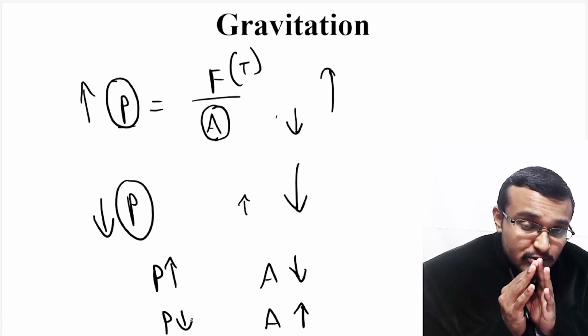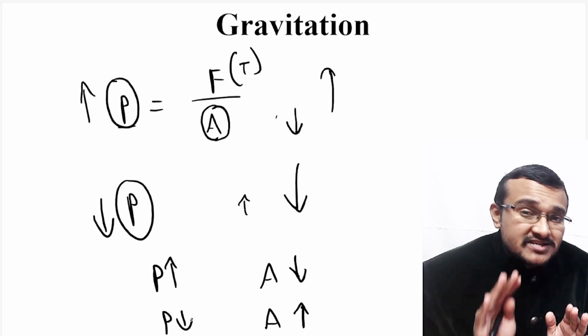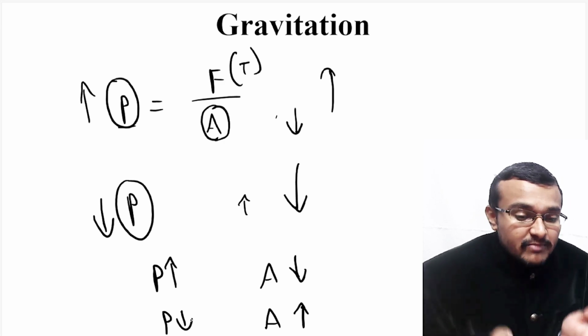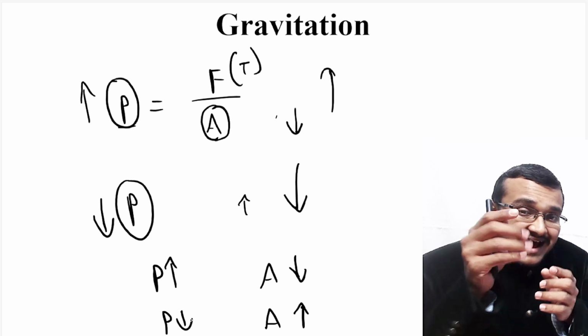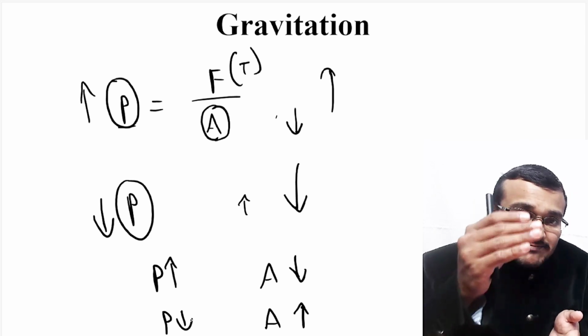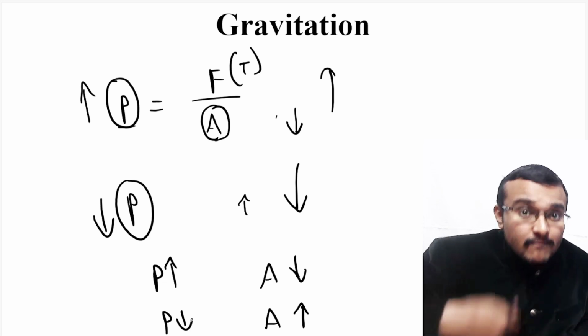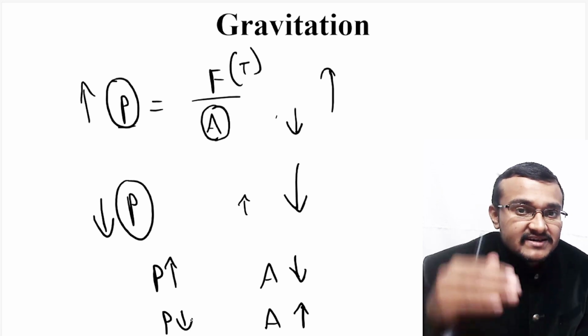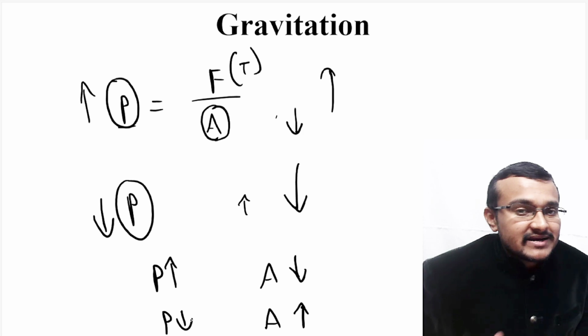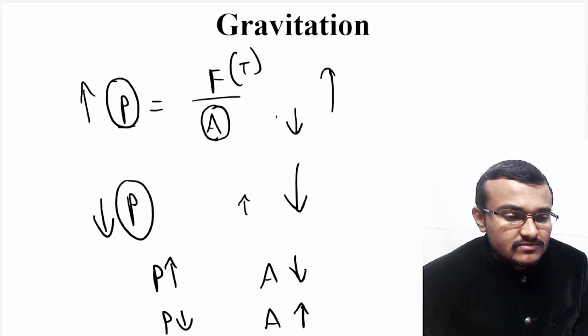Hence, if you put the same amount of force, pressure is not that much. But in the second case, the tip of the nail had less area, so the same amount of force gave more pressure. That's why that nail could easily penetrate the notice board.